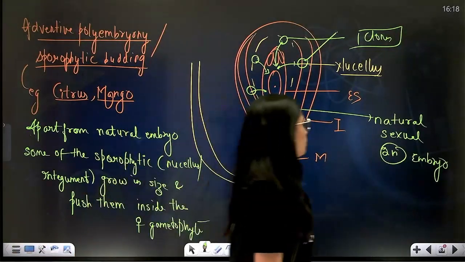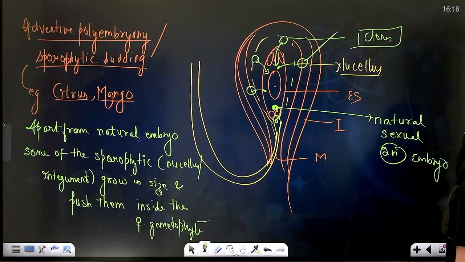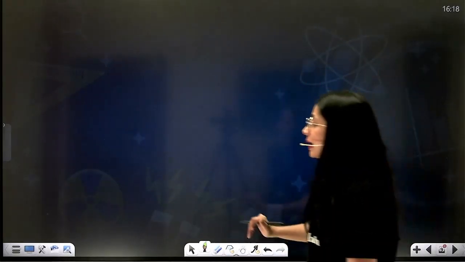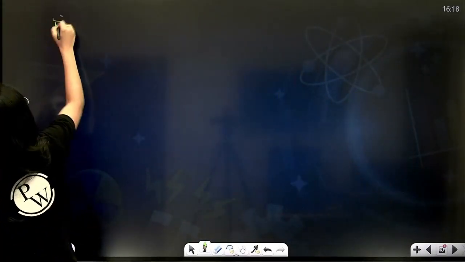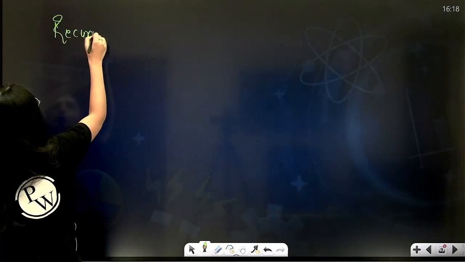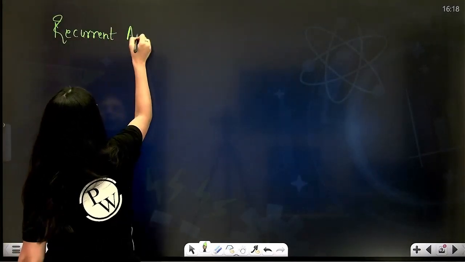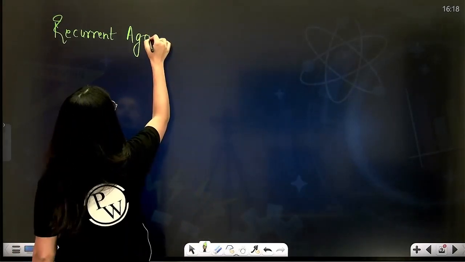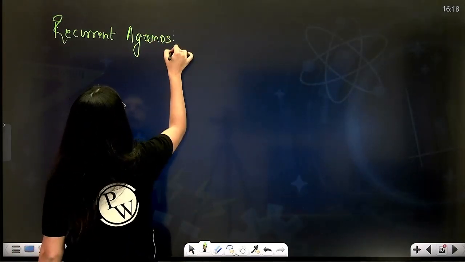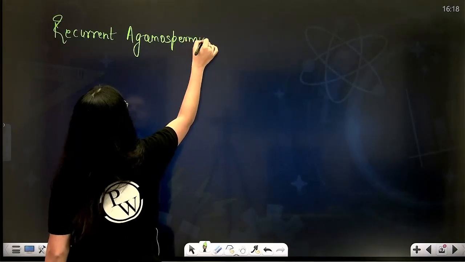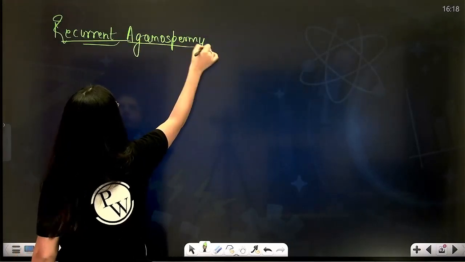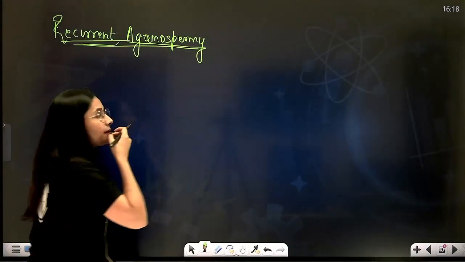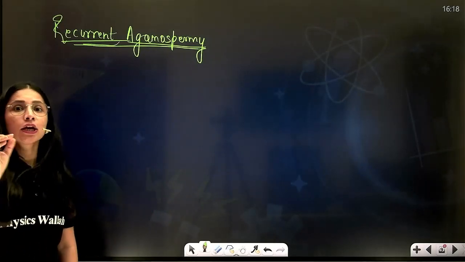Now another way is, beta, recurrent agamospermy. Now, in recurrent agamospermy, as you see in case of maybe apple, agamospermy.